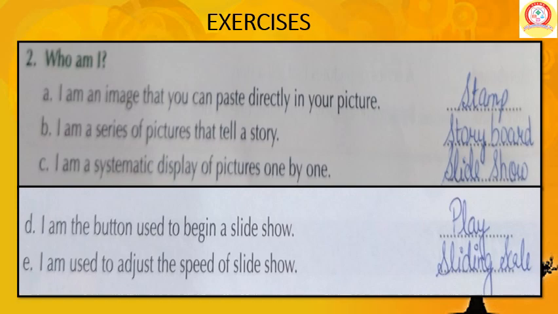So what will come? Slideshow. D. I am the button used to begin a slideshow. So what will come? Play. Now let's move to E. I am used to adjust the speed of the slideshow. The sliding scale.